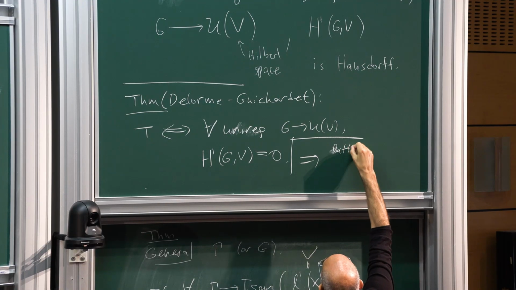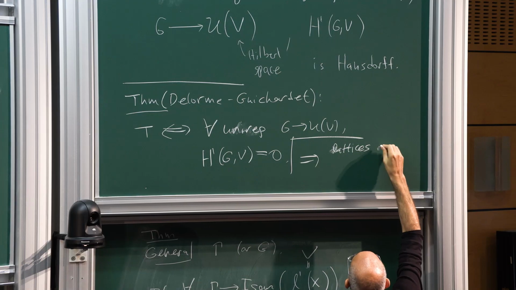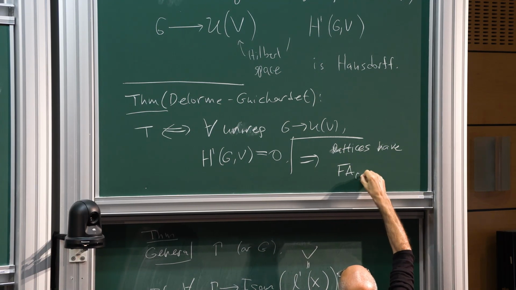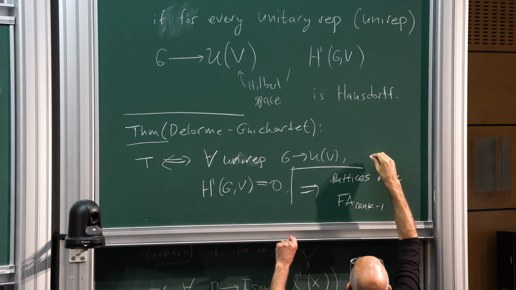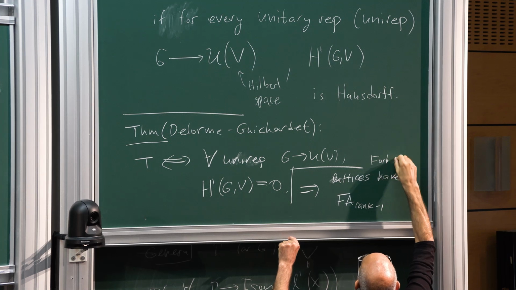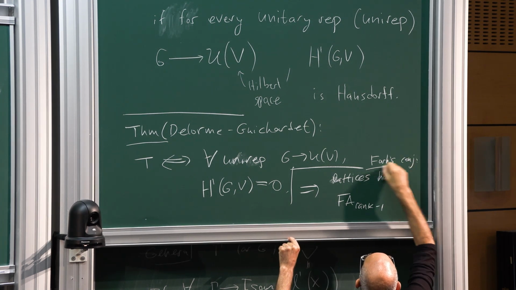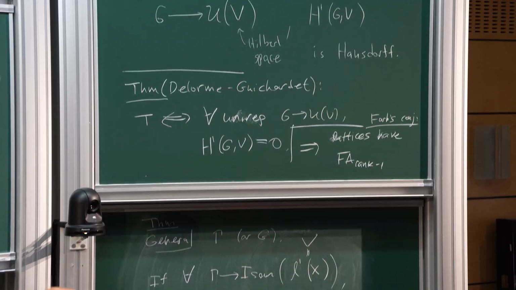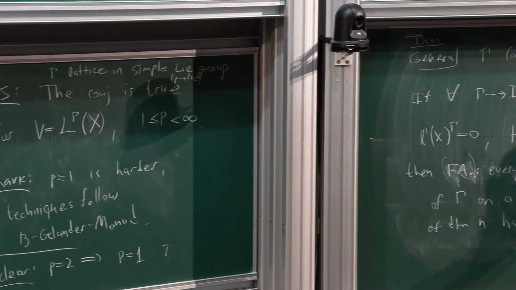So this is a new theorem, and this implies now lattices have Fa rank minus 1. So this is Farb's conjecture. And this is just a combination of this statement here and this theorem over here.